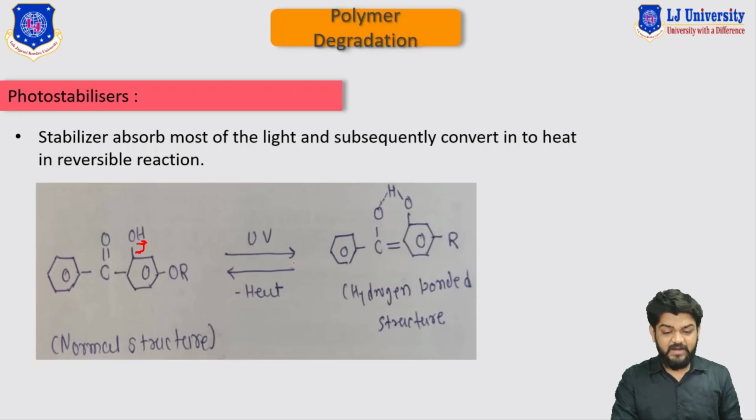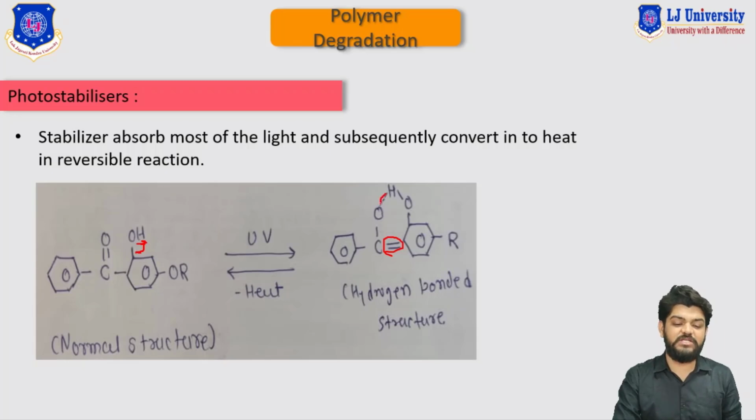So this carbon atom will now make a double bond like this. You can see here it will form a double bond with the carbon, and one hydrogen will link with this oxygen atom as well. So this particular pi bond will break and it will make one hydrogen bond in this way here, right? This is how I have represented it.